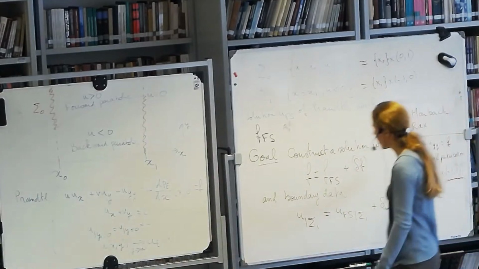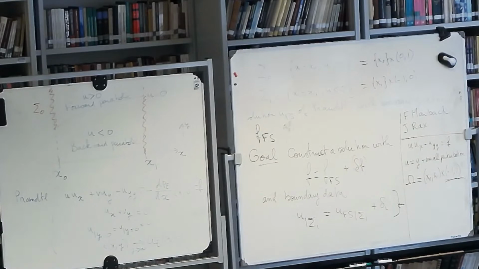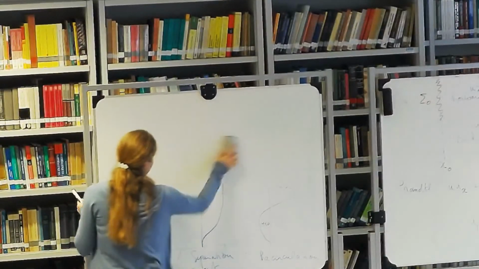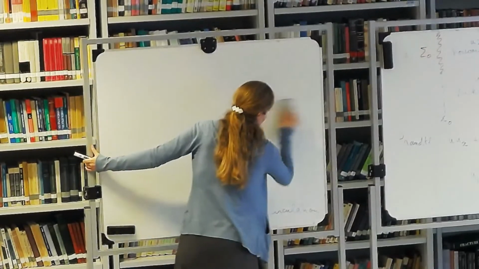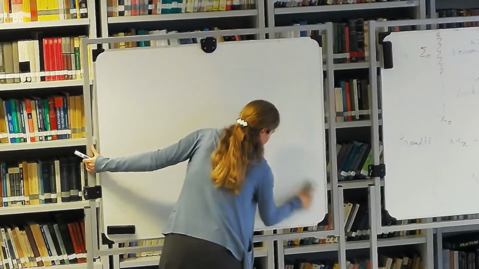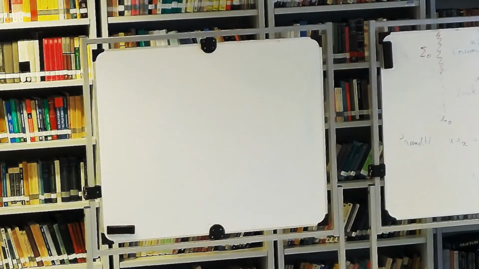So this is what I will be studying, and so maybe I'll start by stating the theorem that we have, and then I'll explain a bit where the difficulties that we encounter are.